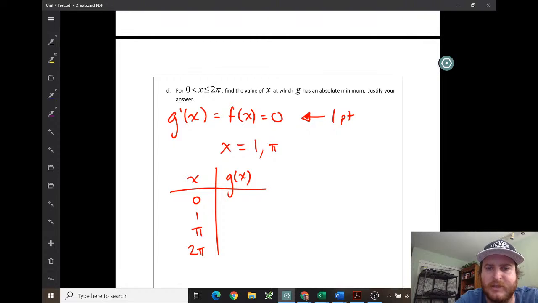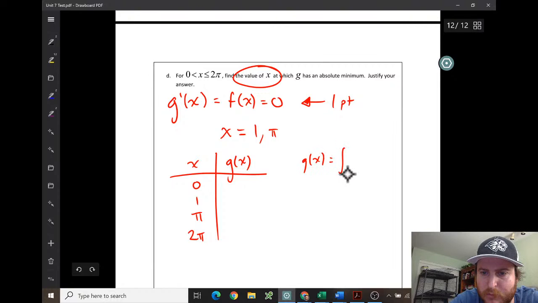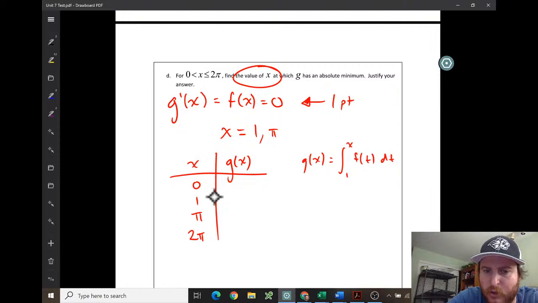Now for g of x, this is actually really a tough question, because it just says find the value of x. There's no way for us to actually solve for these, right? Because g of x was equal to the integral from 1 to x of f of t dt. So when we plugged in 1, we got 0.